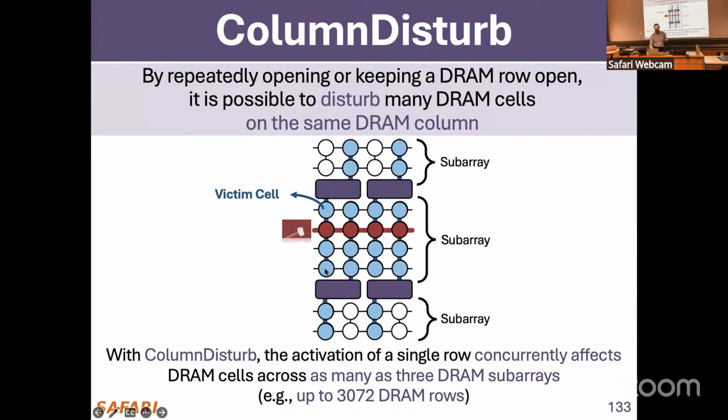So this is the DRAM architecture today. You have a bit line, the value that you activate over here gets sensed by the sense amplifier, and then that sense amplifier is shared by the other subarray. So there are these blue cells that are also affected when you activate this row. So now you're really affecting thousands of cells, right? And we have shown that it affects up to 3072 DRAM rows.